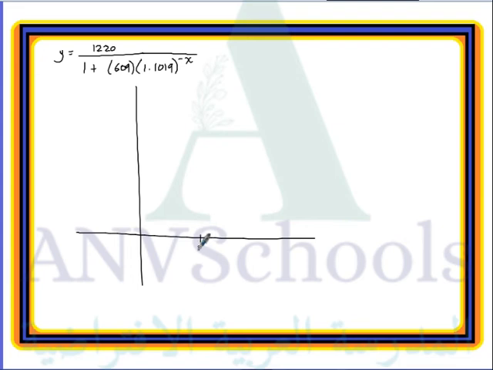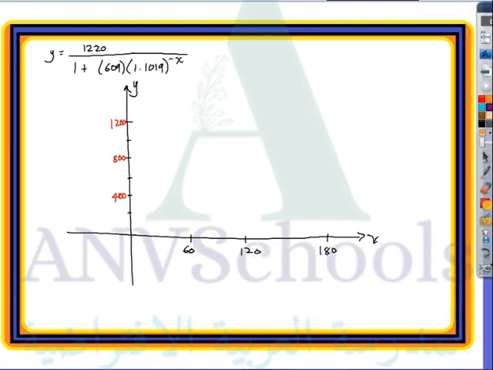So this function actually has a graph. For the first 3 hours, 60, 120, and 180. And these are the values. So this is the y-axis, this is our x-axis. So this is 400, 800, and 1200. Okay, so our ceiling, our upper bound, our asymptote is somewhere here, 1220.